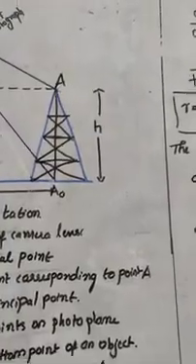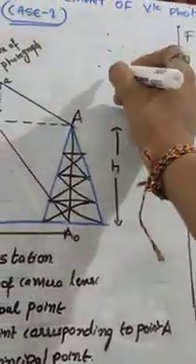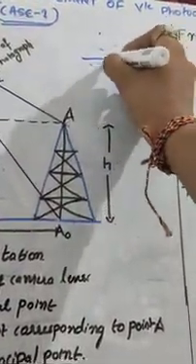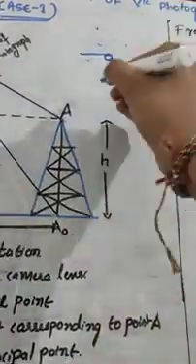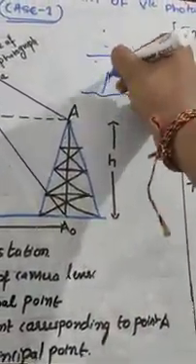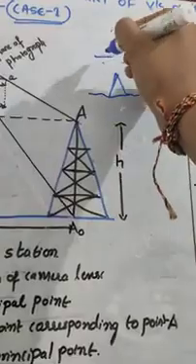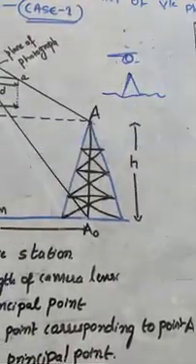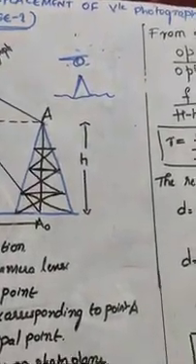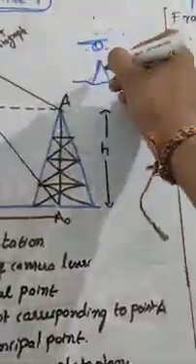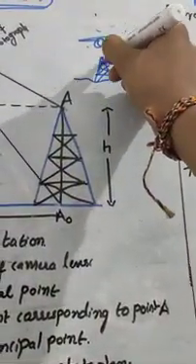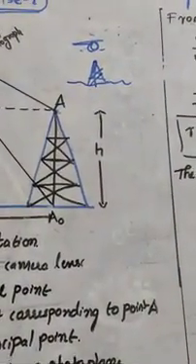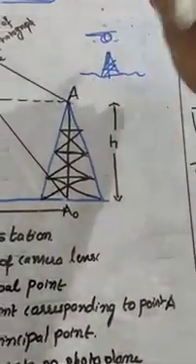For example, let us consider a plane here. This is a lens and this is the object it is focusing. If the plane is exactly above the object, let us consider this object as a tower itself.